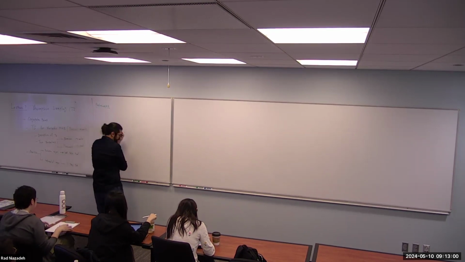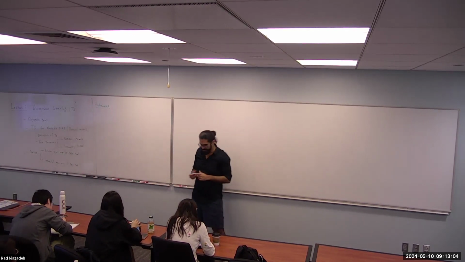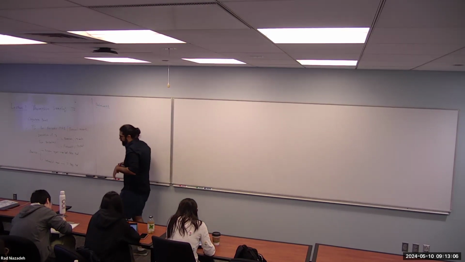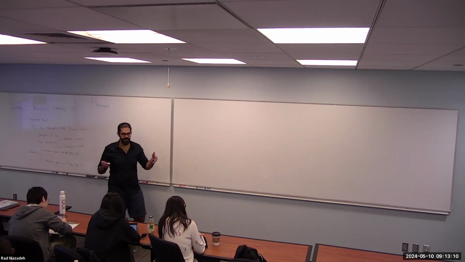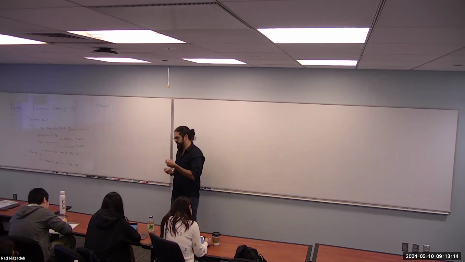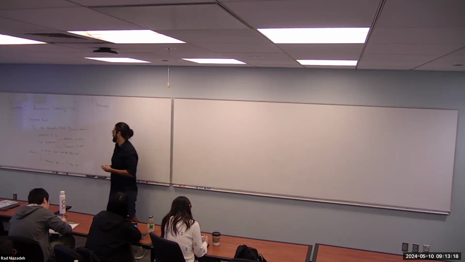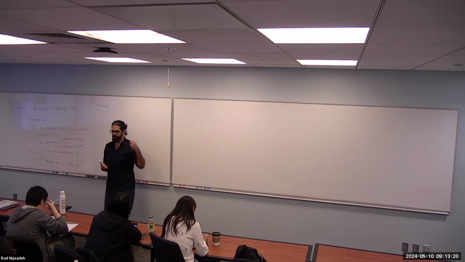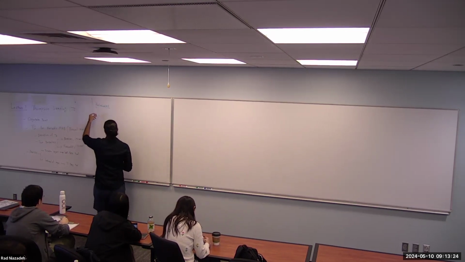Let me first tell you what conjugate priors involve. Imagine you're trying to estimate a parameter. It's a Bayesian estimation problem. There's an unknown parameter theta, and you have observational data about this unknown parameter, and you want to estimate it. So the basic setting of parameter estimation in Bayesian decision making is the following.